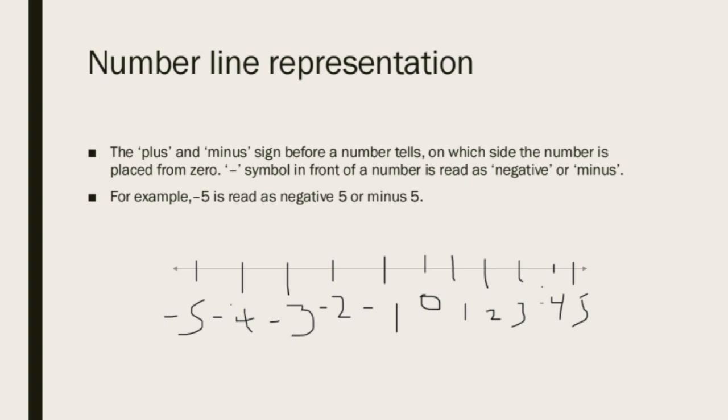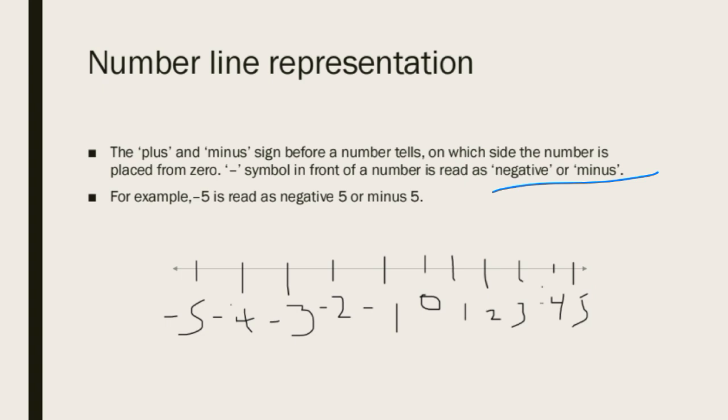Number line representation of integers. The plus and minus sign before a number tells on which side the number is placed from 0. The minus symbol in front of a number is read as negative or minus.